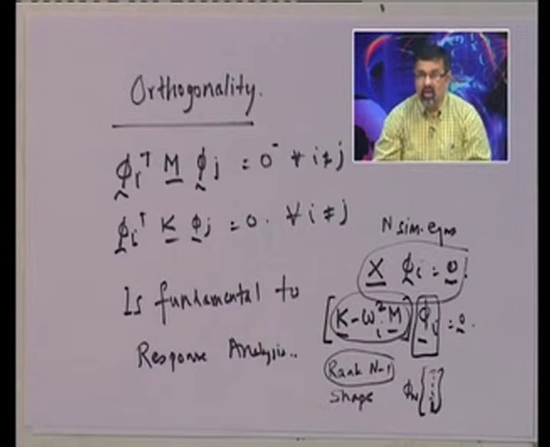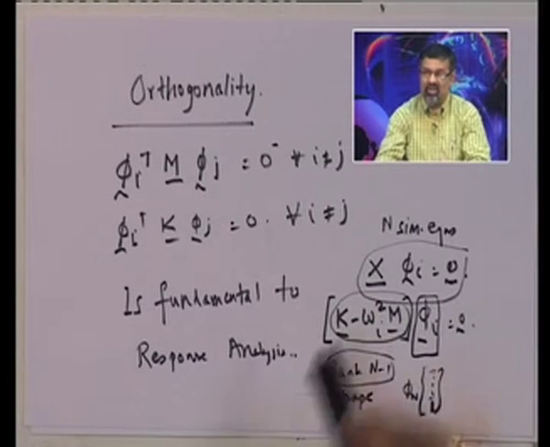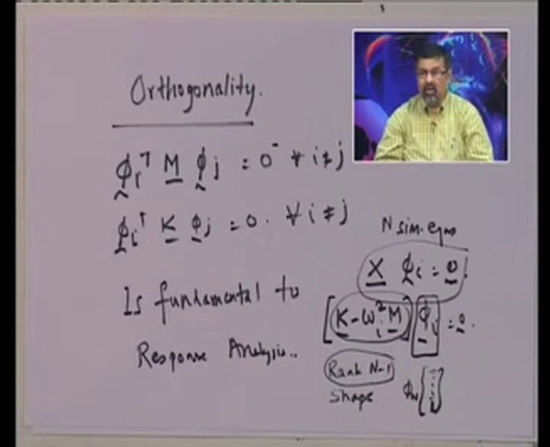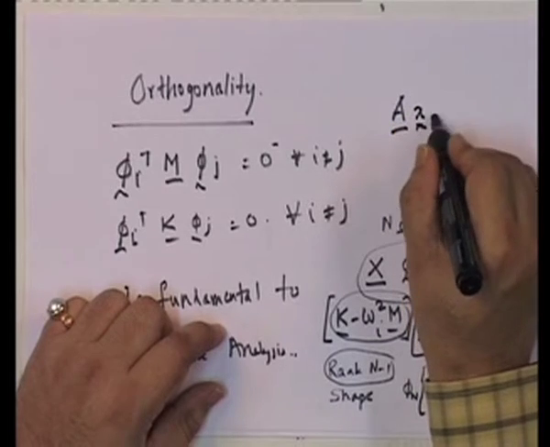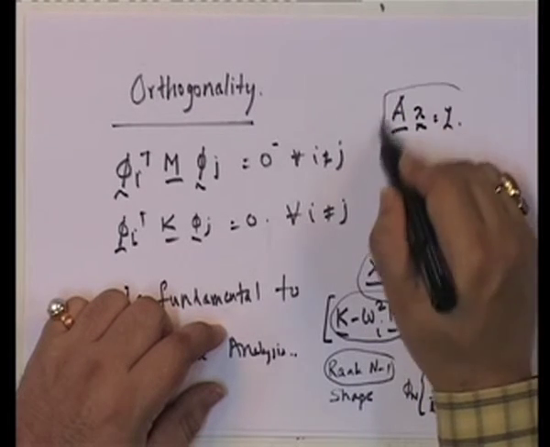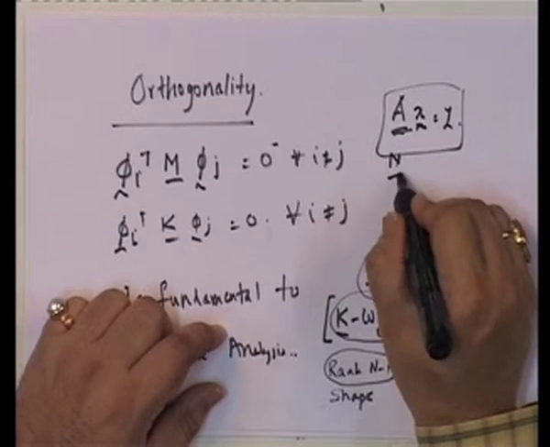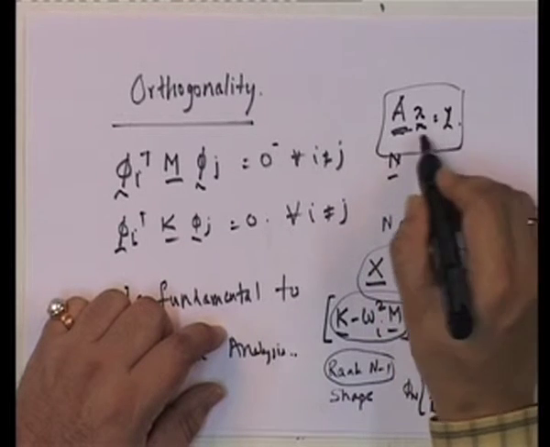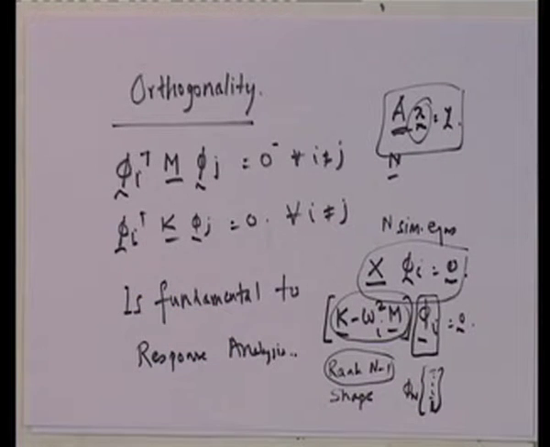Now, ideally, if the determinant of X is not 0, then X is of rank n, and you can explicitly get it. It is like this, right? Ax equals y, this is a simultaneous equation. As long as A is of rank n and y is given, you can always find x by solving n simultaneous equations.